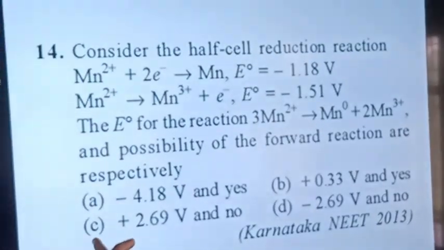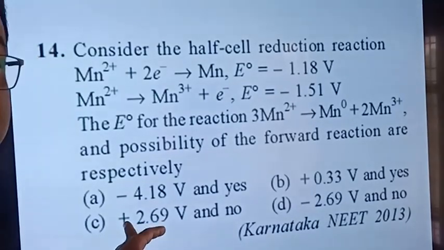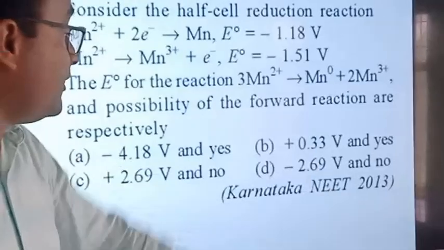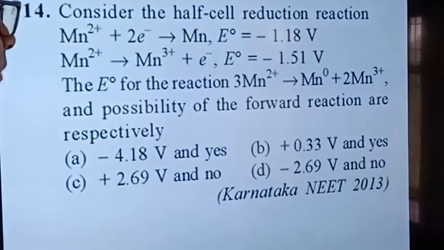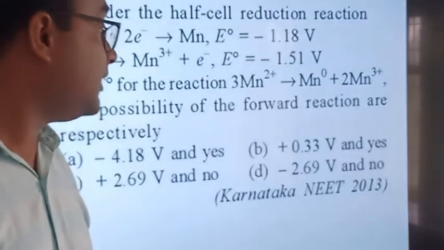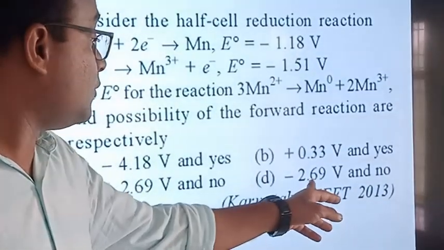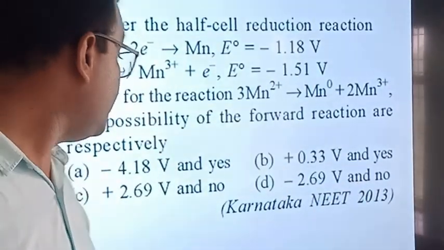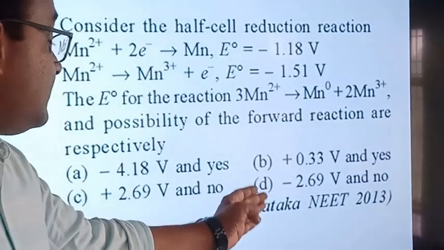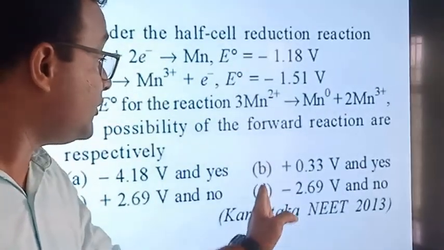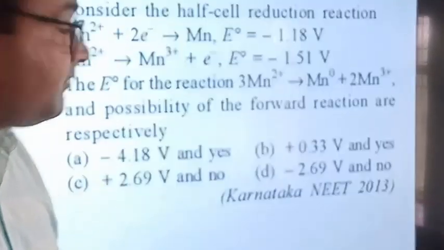Option C is given as plus, and here it says no, so that is eliminated too. Option B is plus 0.33 volt and yes, and option D is minus 2.69 volt and no. These two options are eliminated, and now the fight is between B and D.